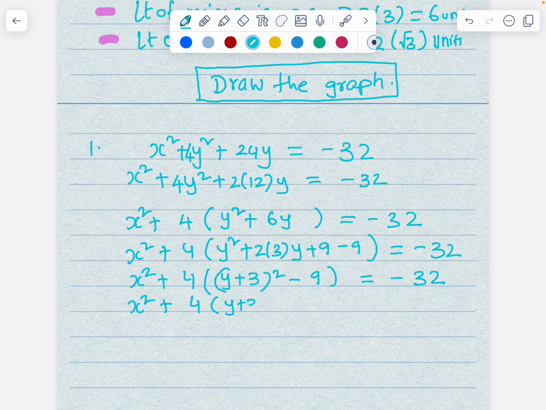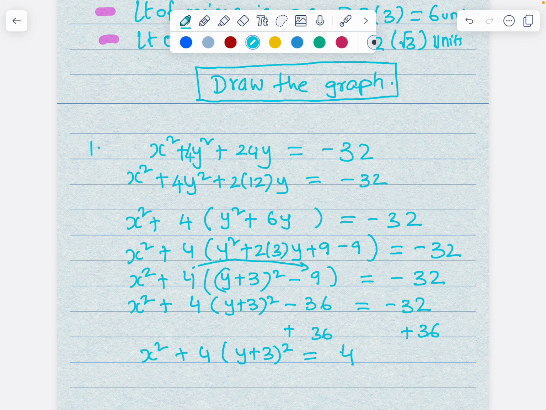Now you want to distribute this, make it 36 is equal to minus 32. Then you're going to add the 36 on both sides, and you're going to get x square plus 4 times y plus 3 the whole square is equal to 4.